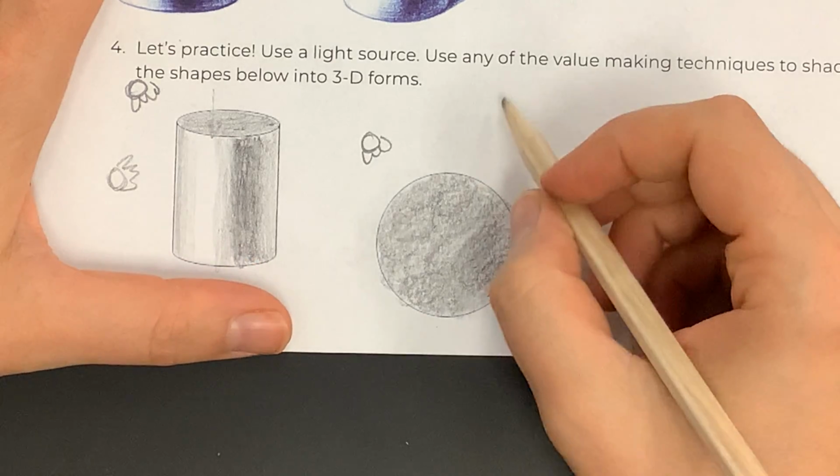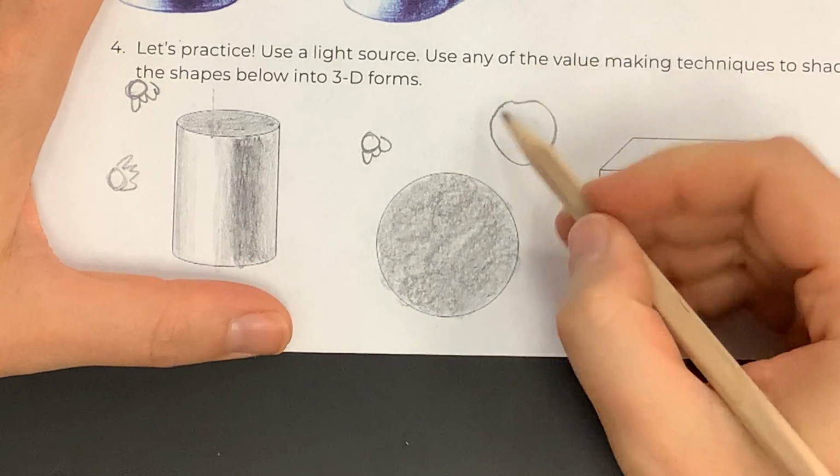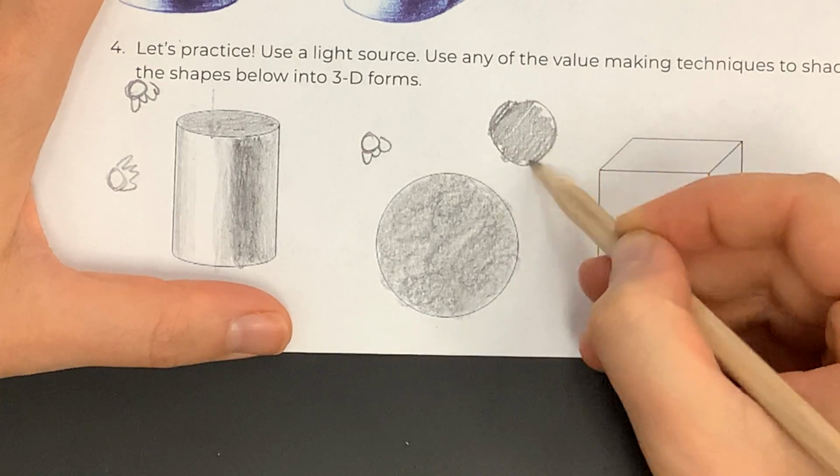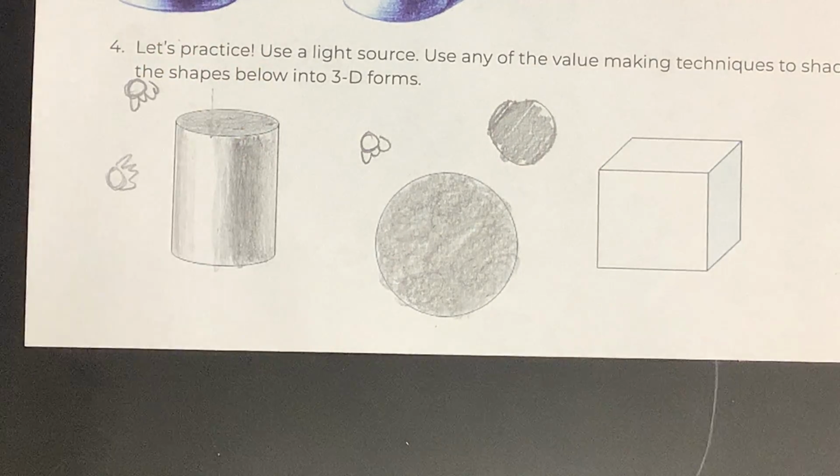Little tip, if when you're shading this you're using exactly straight lines like this, it's not going to look round. Sorry, it's not going to look round. It's going to look flat. So you need to have those curvy lines in there.